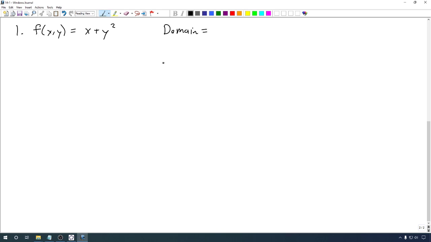Now we wouldn't say that's all real numbers. You might say that for a one variable function that works for every x that we plug into it. Here, we're going to use the notation R squared, or R2. This is a notation that we generally use for the entire plane. So R represents all real numbers, which is just, say, one axis.